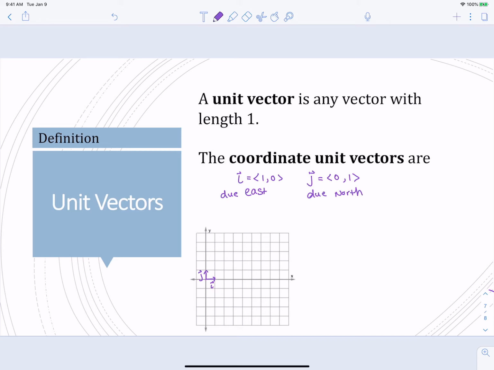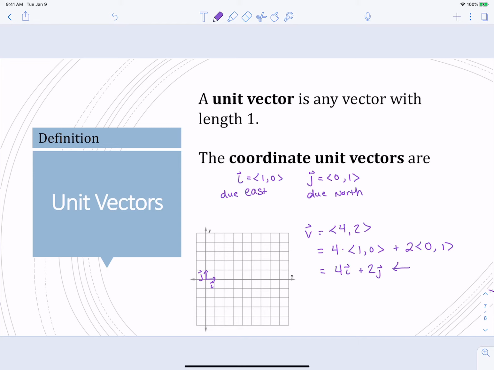We want to put that back in terms of position. This gives us another way that we can represent our vectors. They can be multiples of these little coordinate vectors. So for example, we had our vector 4, 2. If we wrote that as 4 times that east vector, our 1, 0, and 2 times our north vector, which is 0, 1, we would get 4 times i plus 2 times j.